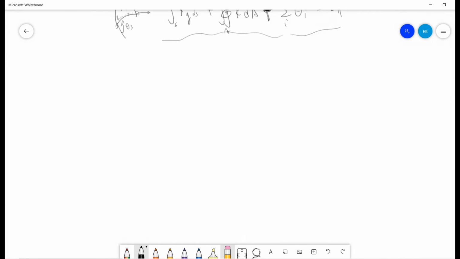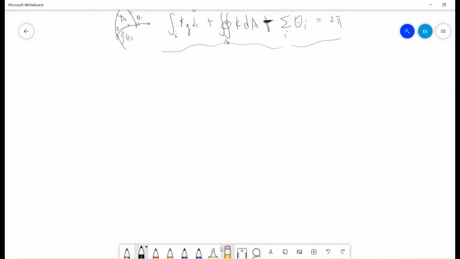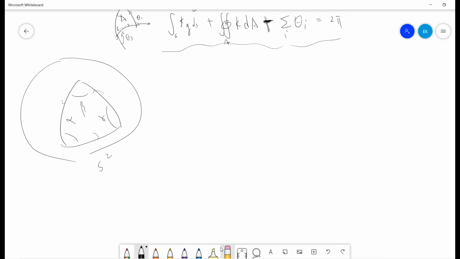And we can use this to prove the famous result that if you cut a triangle on the sphere, then you get this area, let's say this area is A. Then you can prove that A divided by r squared equals alpha plus beta plus gamma minus pi.